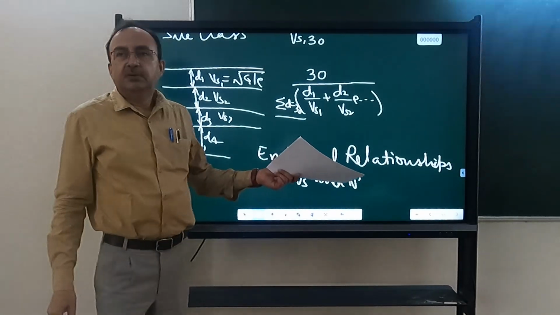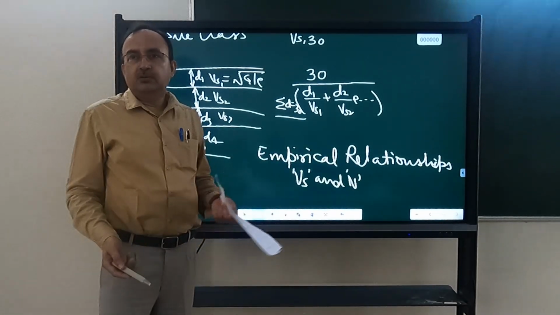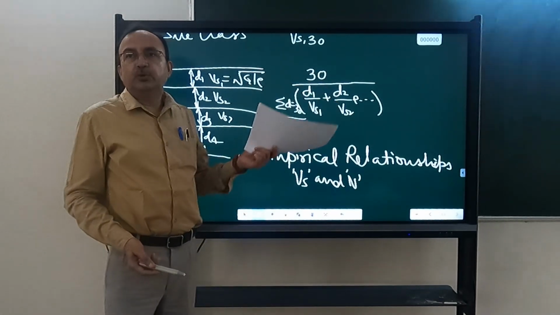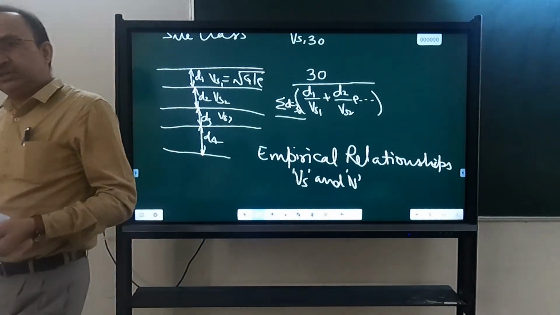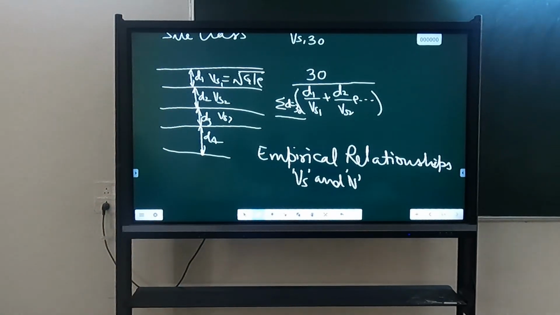But people don't want to do cross borehole because it is costly. SPT is much easier and cheaper, so most of the time you will get only N value. In that case, you have to convert N value into Vs and then to Vs30.